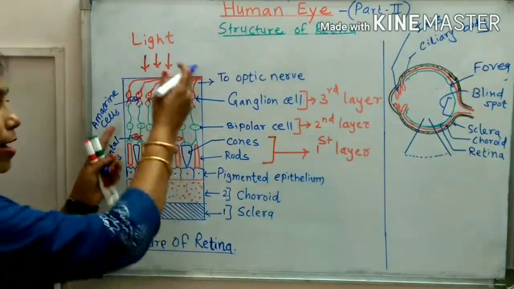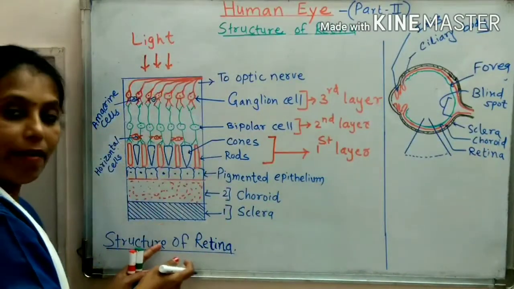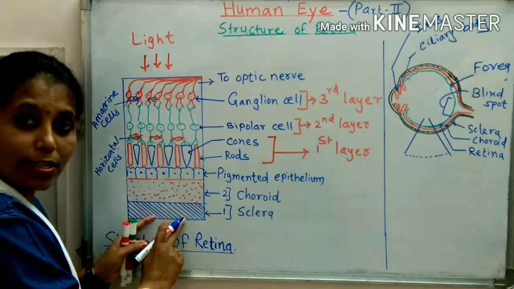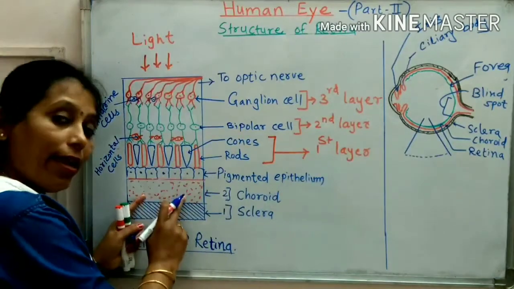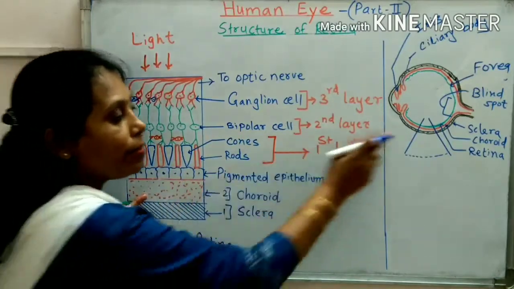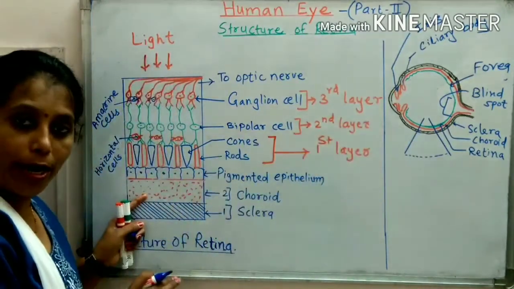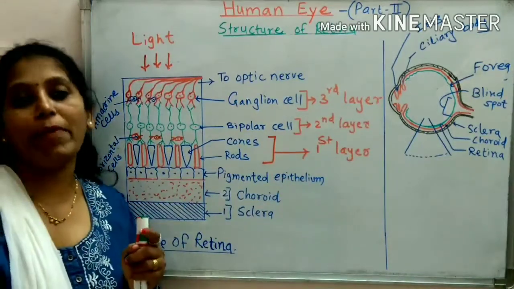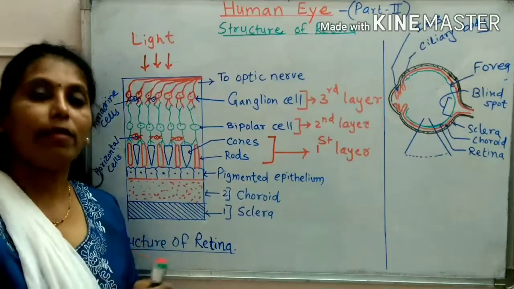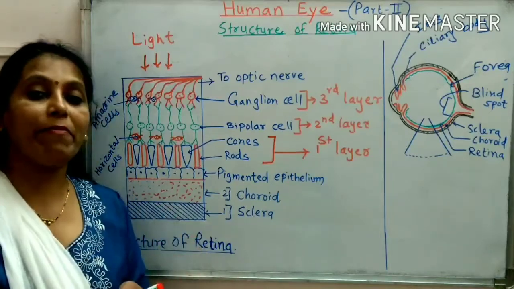Now let us see the structure of the retina. The outermost layer is the sclera. Here also you can see this is the sclera. The middle layer is called the choroid. This choroid is vascular and pigmented. Vascular and pigmented means what?